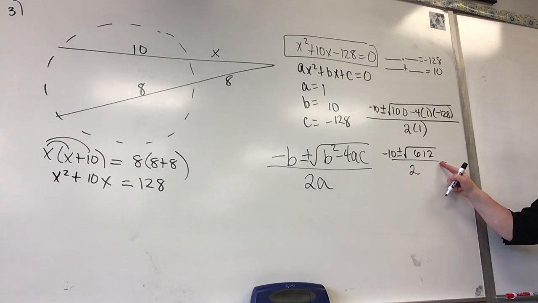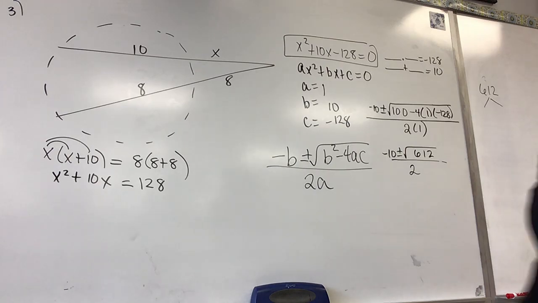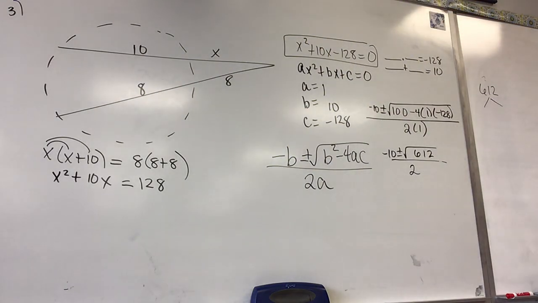Do you remember that day we started with radicals and we had to reduce them? You can't leave 612. So you go, okay, 612. Factor tree or perfect square, I don't care. It does not matter. 612. What would you like? Okay, because your calculator is awesome and it just gives it to you. 612 divided by, what would you like to do?